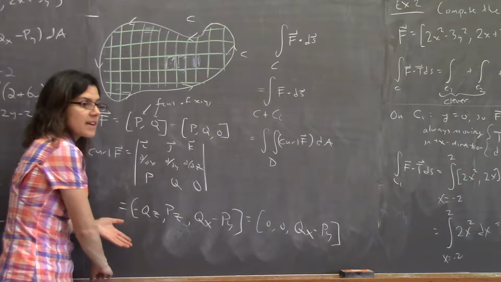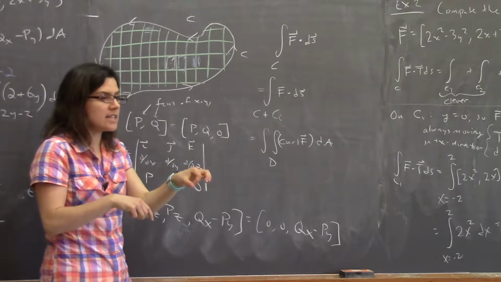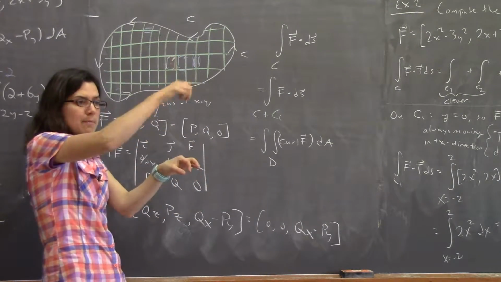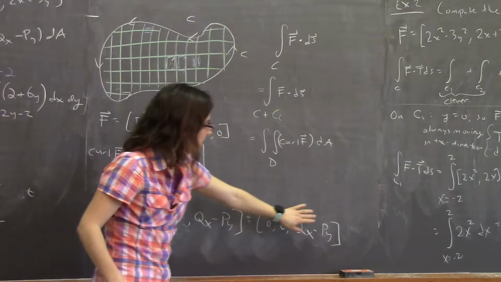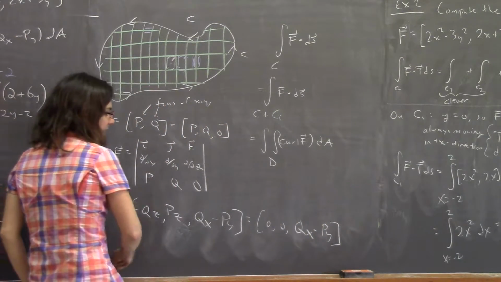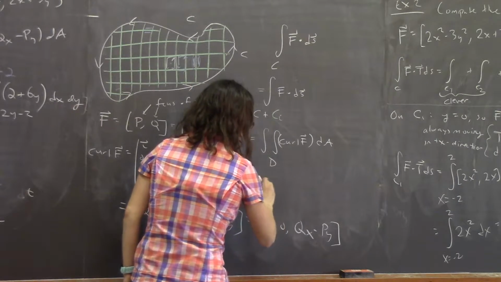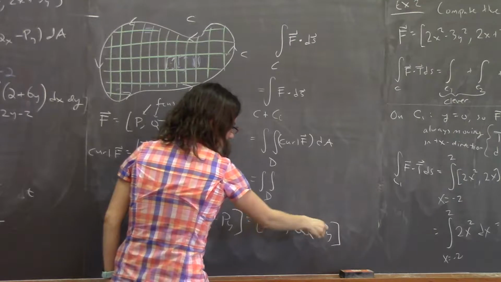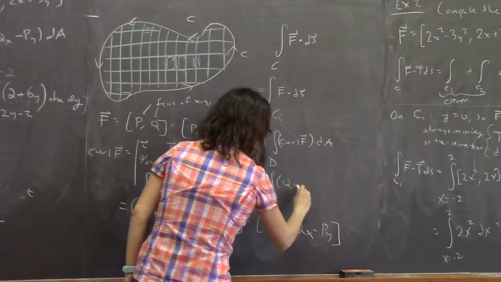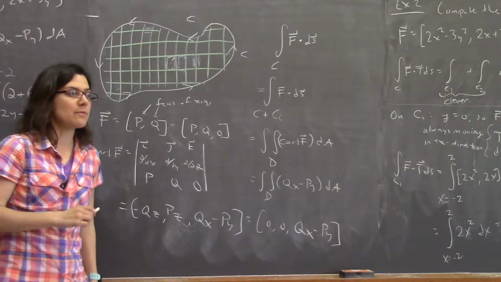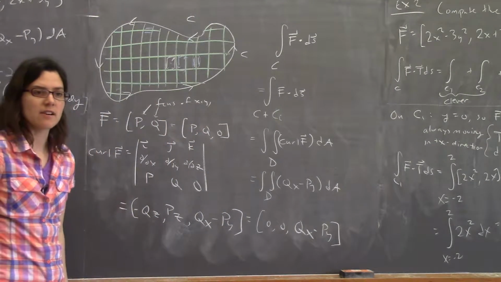If you have a vector field in the plane, at each point it's either spinning counterclockwise or clockwise, so your curl vector either points up or points down. So it's purely z component. So that's the idea of why this comes out to the double integral over D of the curl of f. The curl of f is essentially just Q_x minus P_y. That's how much the thing is moving counterclockwise or clockwise.